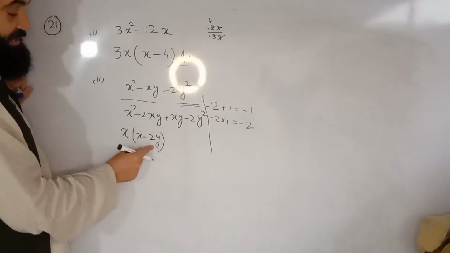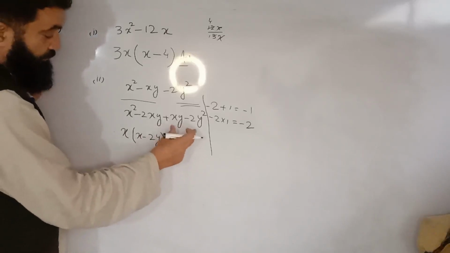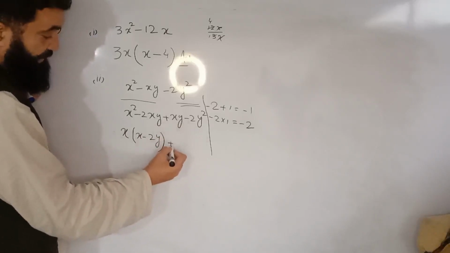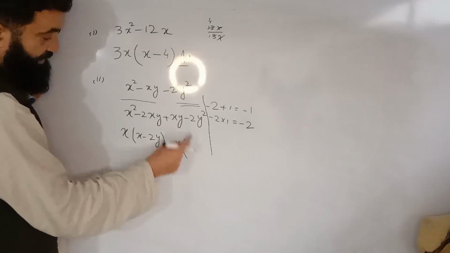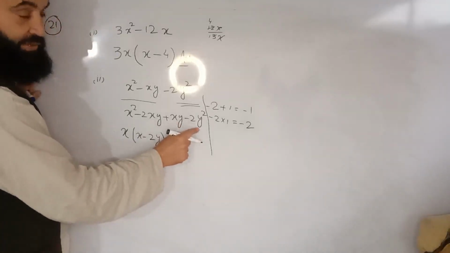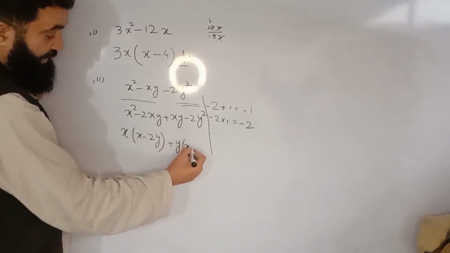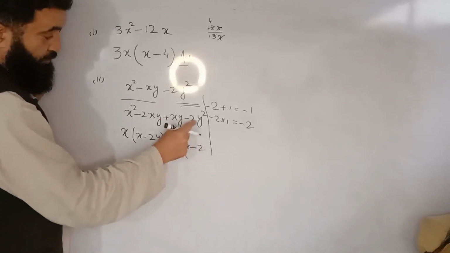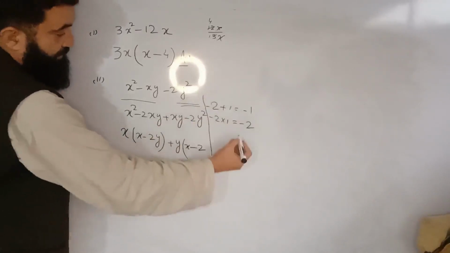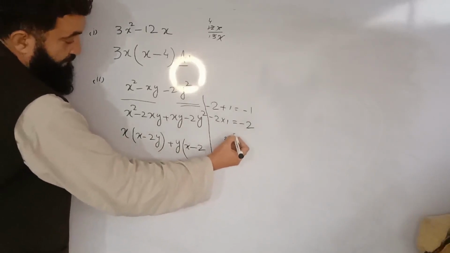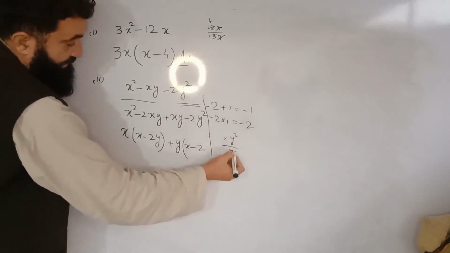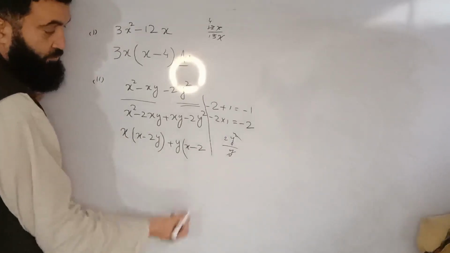So x minus 2y is in the bracket. Now from here we take plus y as common because y is present here, y is present here. So x is left here minus 2y square divided by y. 2y square divided by y gives 2y.